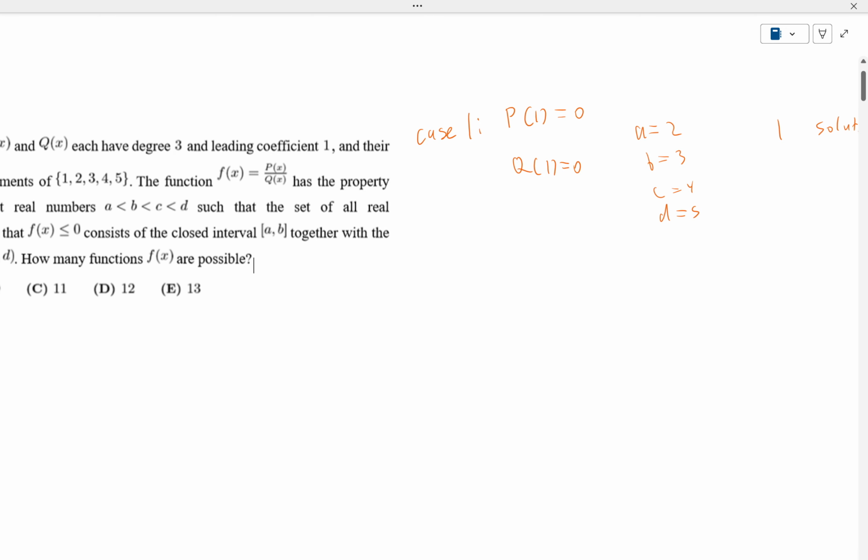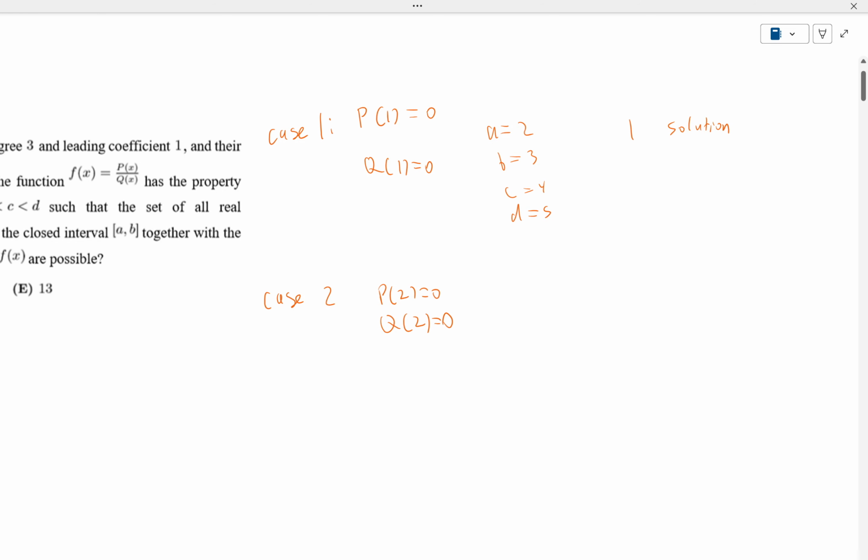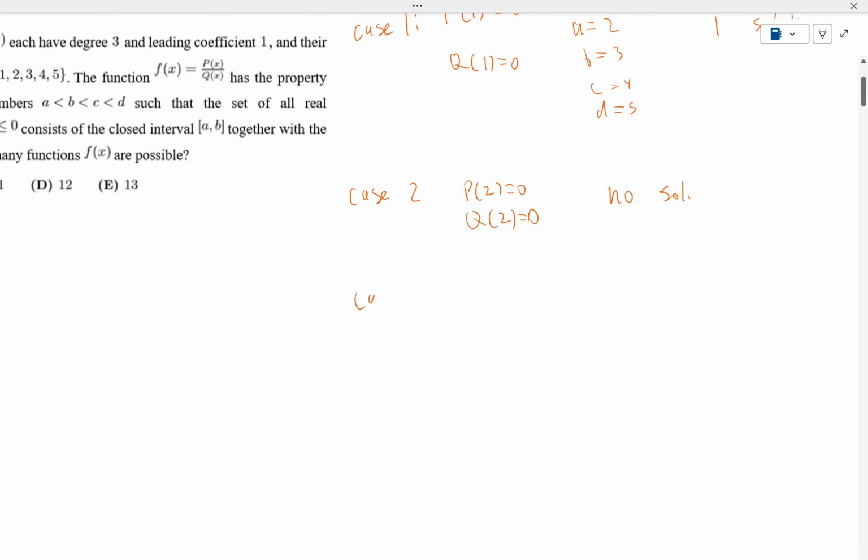Now we can do case 2. So p of 2 is 0 and q of 2 is 0. And you can do the same checking to see that there's no solution. And you can do case 3, where p of 3 is 0 and q of 3 is 0.